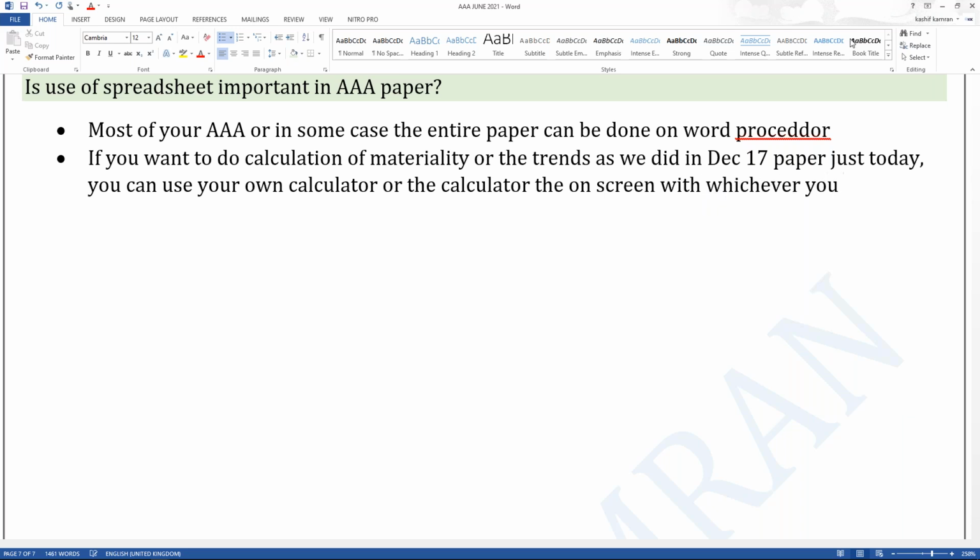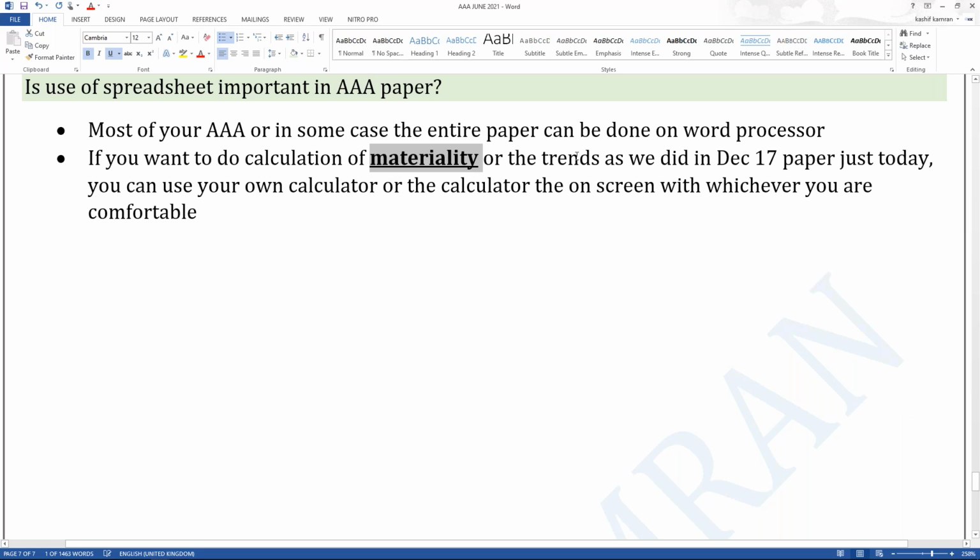I guided you about this yesterday. So most of your AAA paper, or in some cases the entire paper, can be done on the word processor. Let me make the spelling correction. Okay, word processor. And if you want to do the calculations of materiality, or identify the trends as we found the trend in the December 17 paper just today, you can use your own calculators. No need to get to the spreadsheets for that, right? No need to get to the spreadsheets for that.